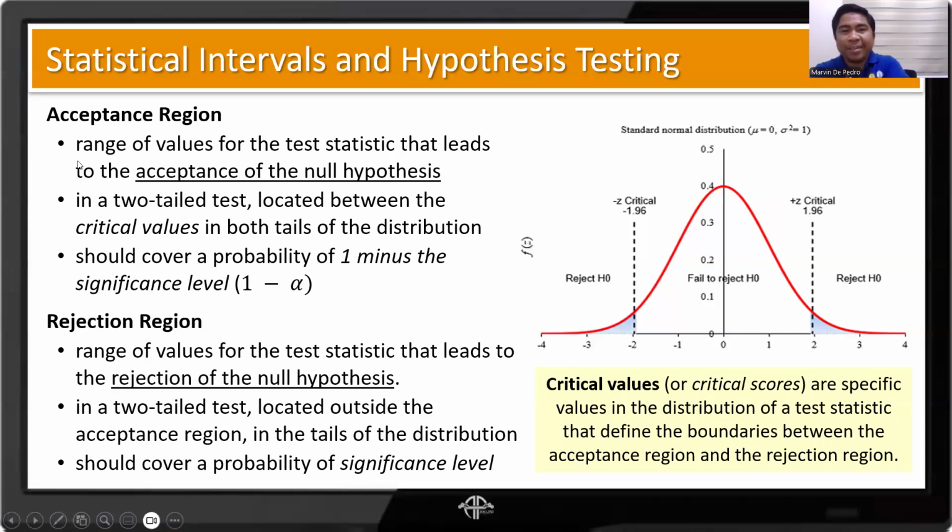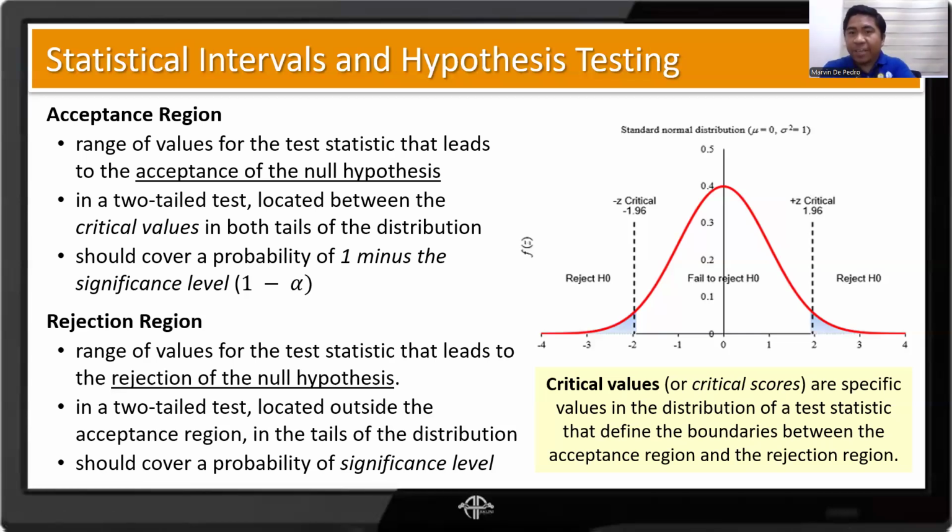We fail to reject if it falls within this area because it has a higher probability value than our significance level. Our significance level has only this much, but if it's somewhere in between, its probability value is higher than the significance value. I hope that's clear.